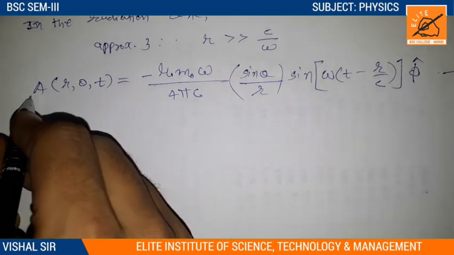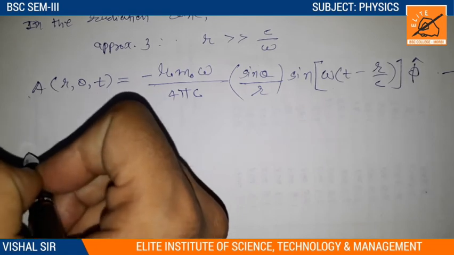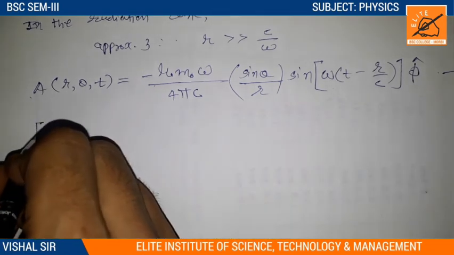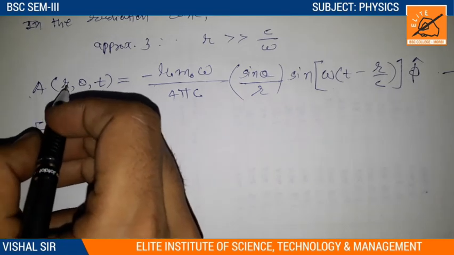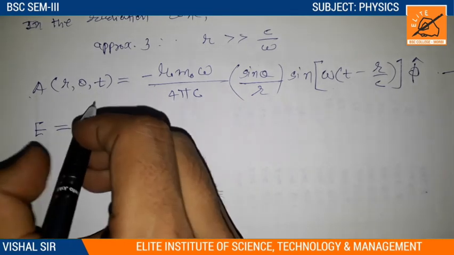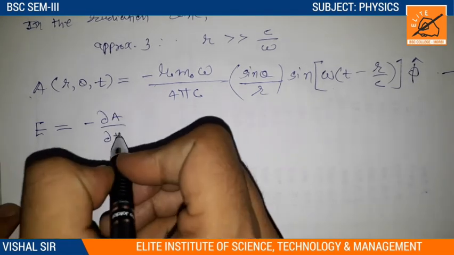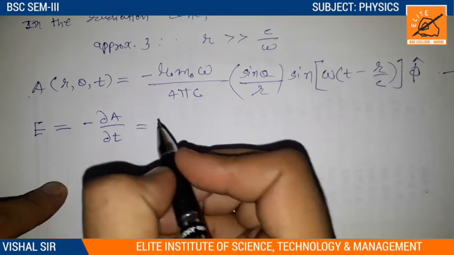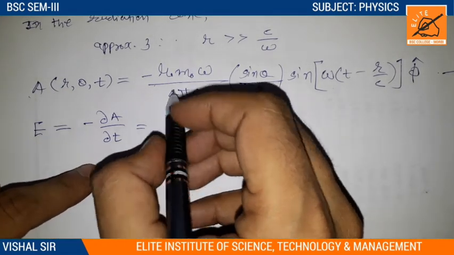See, if we differentiate A with respect to t, then we get E. So E is equal to minus del A upon del t. It is a partial differentiation of A with respect to t. So what will be the differentiation?